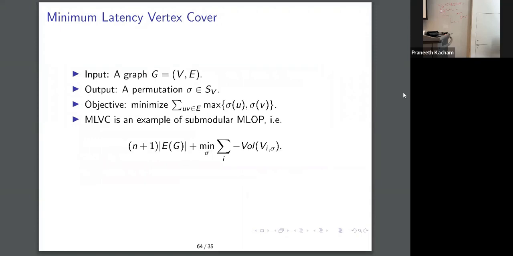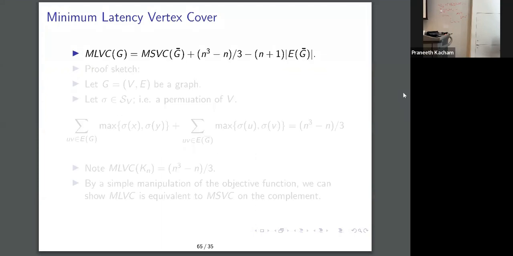We get the minimum latency vertex cover value if we are given the value of the MLOP for the graphic rank matroid function. But that minimum latency vertex cover itself was not known to be hard. But the counterpart, minimum sum vertex cover, in which we have the minimum over the endpoints of the edge, was known to be hard. It is also known to be APX-hard.